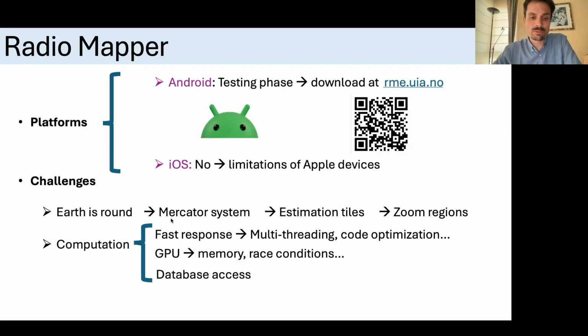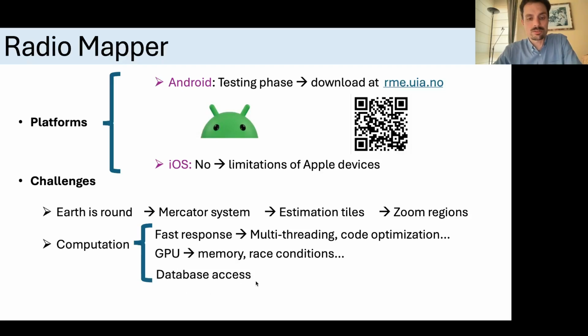We need to be able to generate maps or construct radio maps pretty quickly, and that means that we need to use multi-threading, and we need to optimize the code significantly. Race conditions arise also because of the usage of the GPU, which also leads to memory issues and so on.